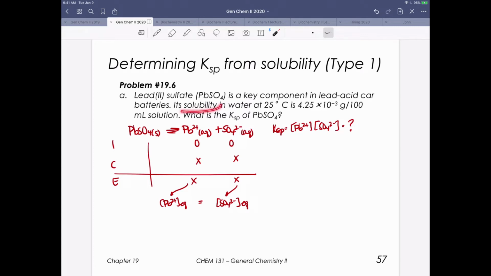So again, when they ask for the solubility, they're really asking for what is x. And so we need to use this information where they tell us the solubility, so it's really telling us what x is. So see if you can finish working through this problem now that we know what the value of x is.